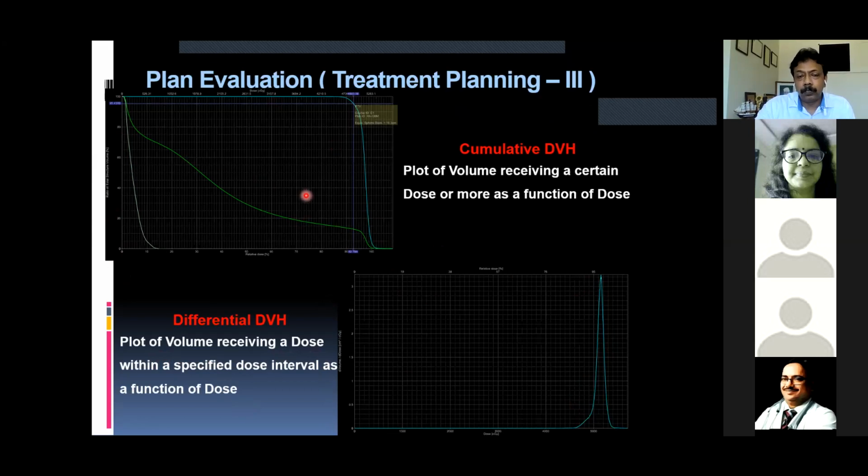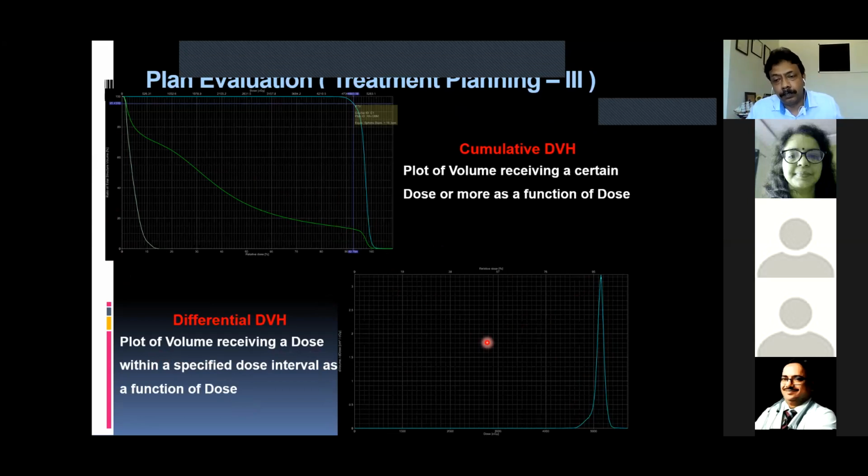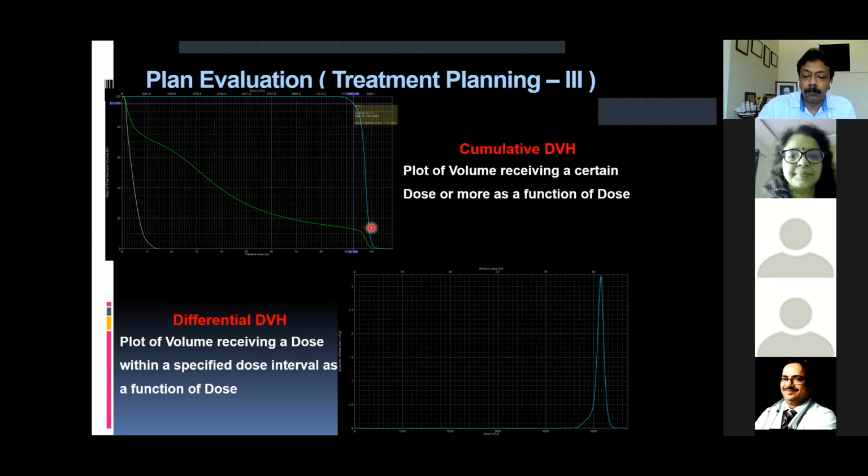These are used to estimate the dose to OARs, and sometimes the dose conformity can also be seen in a single plot. And we calculate the conformity index, homogeneity index, and gradient index from these cumulative dose volume histograms.